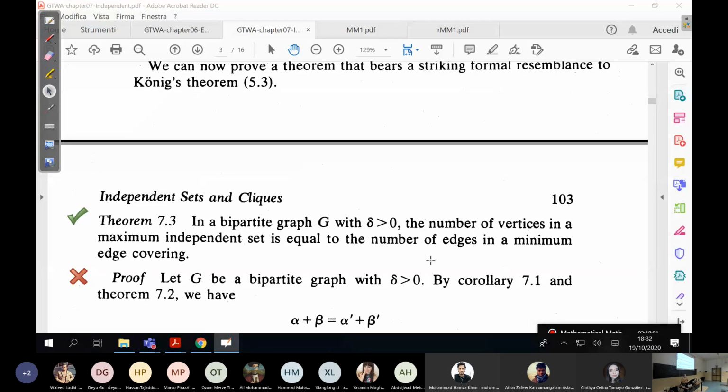Teachers and classes, men and women, and so on. And so they are of interest because many applications are directly modeled on bipartite graphs. And also from the theoretical viewpoint, because there are particular theorems which hold exactly for bipartite graphs, as this one.